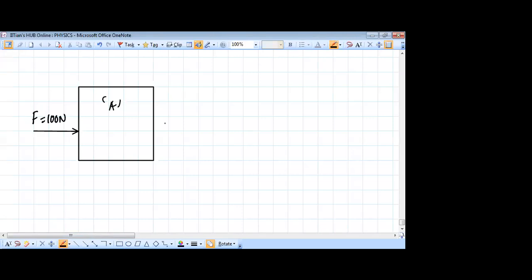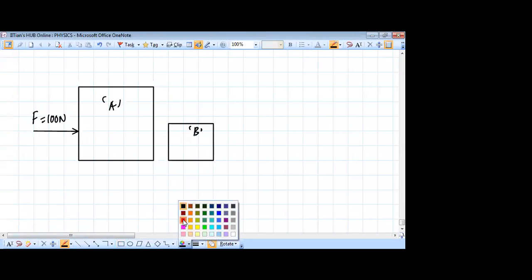So what will happen? This will push against B. Actually there is no gap between them, but I'm just showing it like that. As a result of the force that you are applying, this one will push against B with some normal reaction force, let's say N. I don't know how much that force is, but suppose it's some N, and its direction will be like this. So B will push back with a force of N.